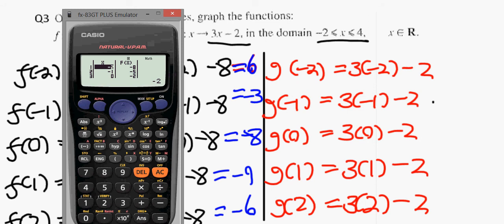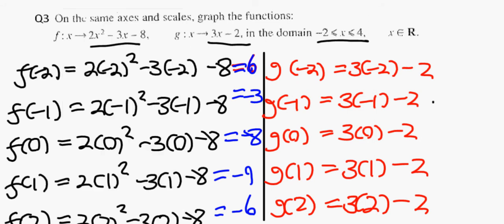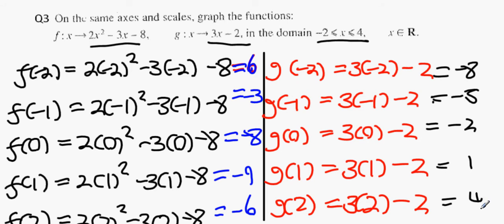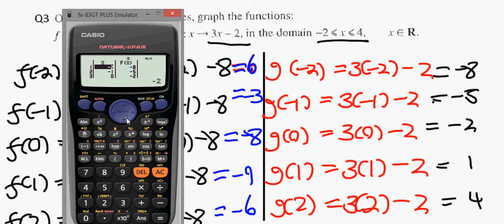So we'll write in our answers here. So minus 8, minus 5, minus 2, 1, and 4, 7 and 10.